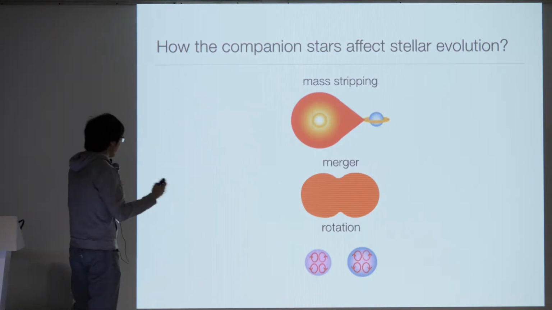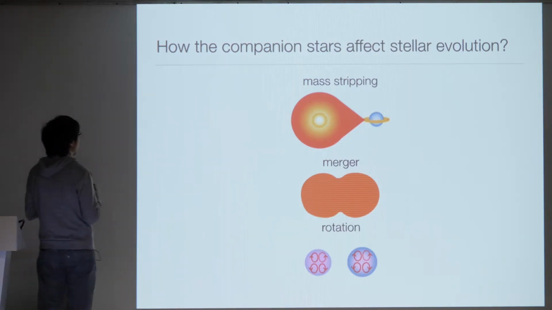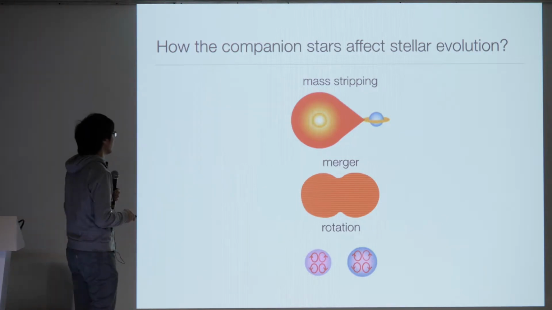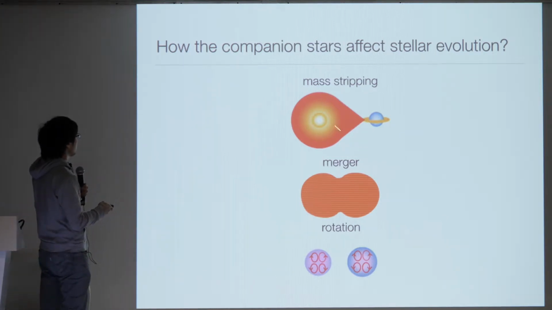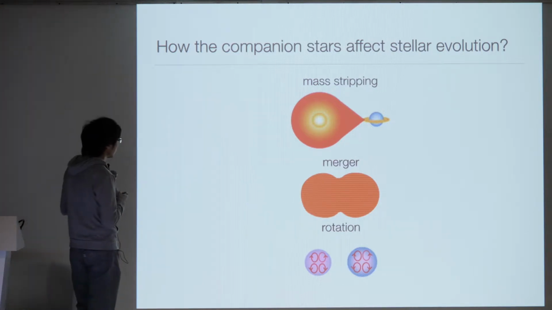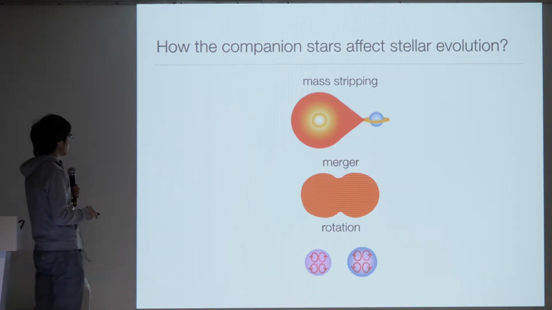So very briefly, I will discuss three different types of effects from binary evolution. One is mass stripping. If there's another star next to the massive star, then mass can be stripped by this companion. Then, of course, if there are two stars, they may merge at some point, which can result in a different kind of supernova.